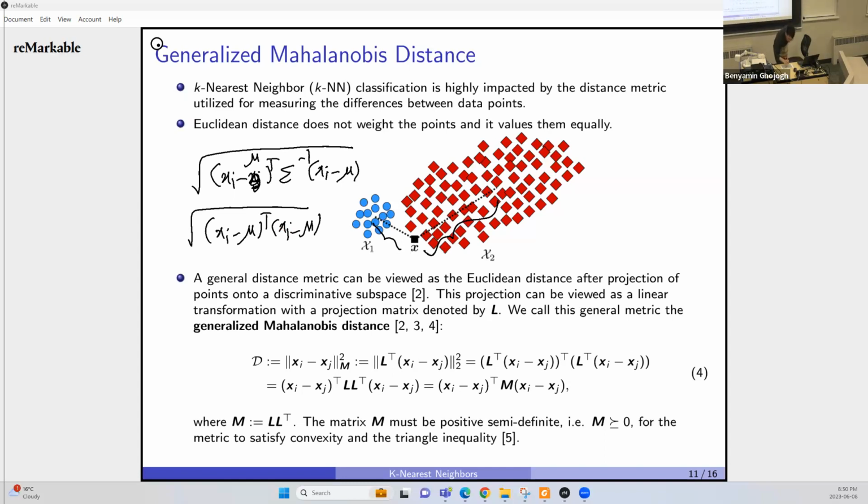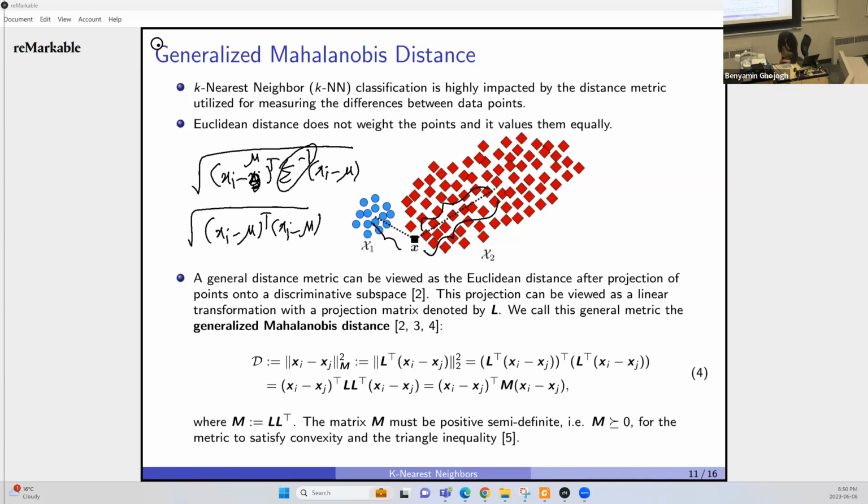But Mahalanobis added sigma inverse of the class in the middle. Why sigma inverse? Sigma is a covariance matrix. Why? Because for the bigger class with the larger variance, this distance should be scaled to become smaller. Therefore, I use sigma inverse.